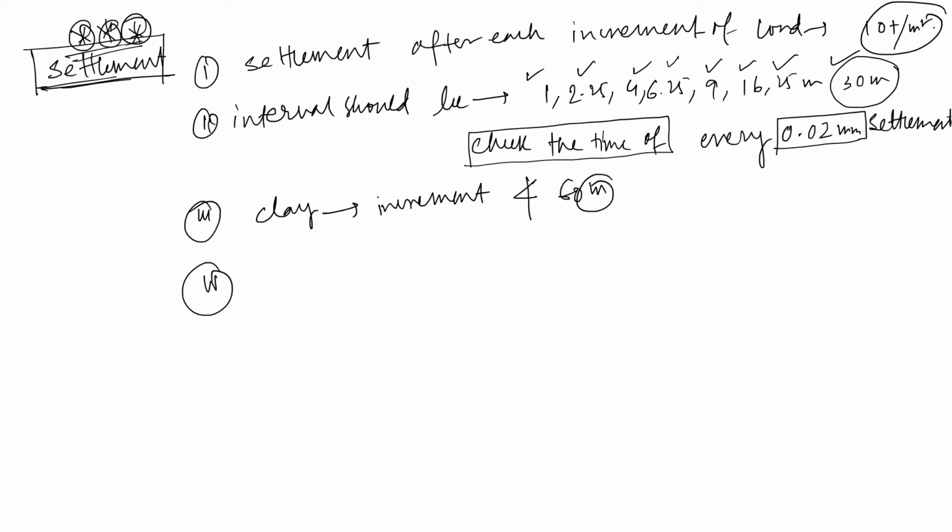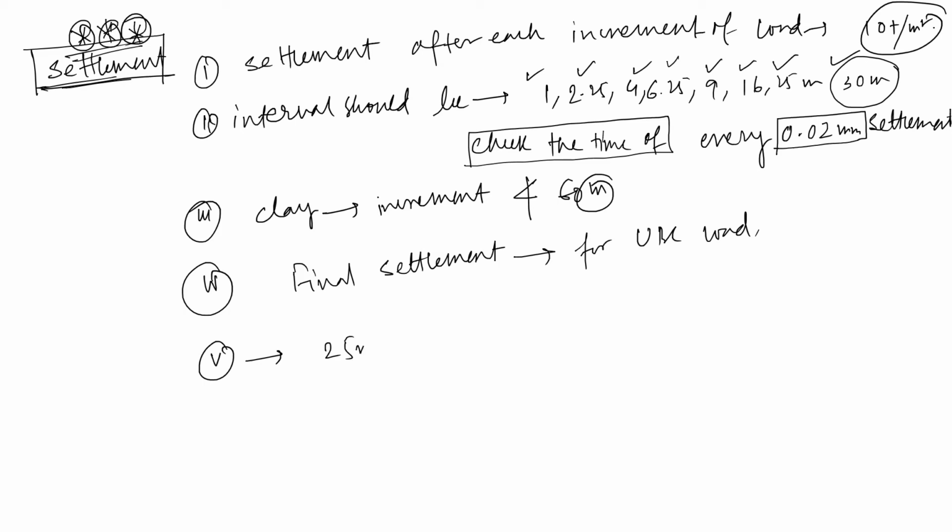Final settlement should be for ultimate bearing capacity. This test continues going up to 25 mm in the general case and 50 mm settlement for some special case.